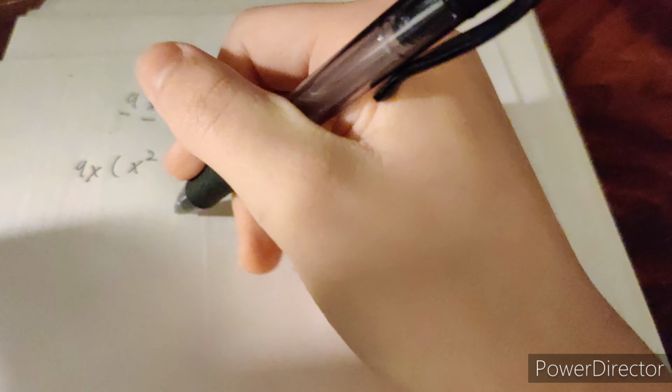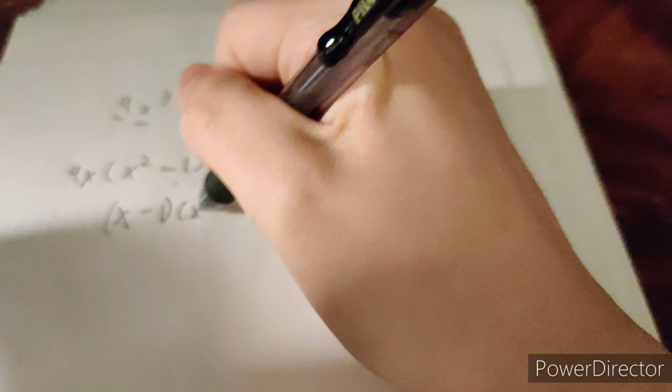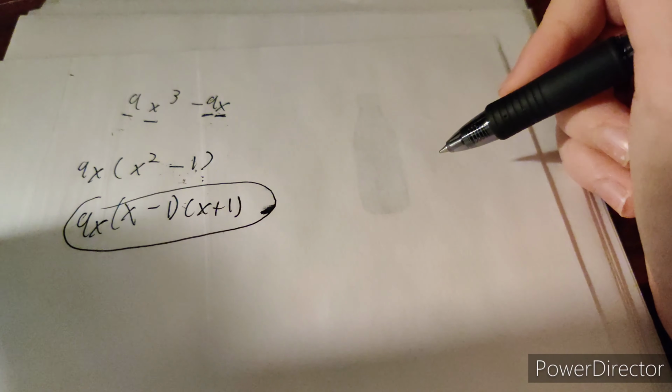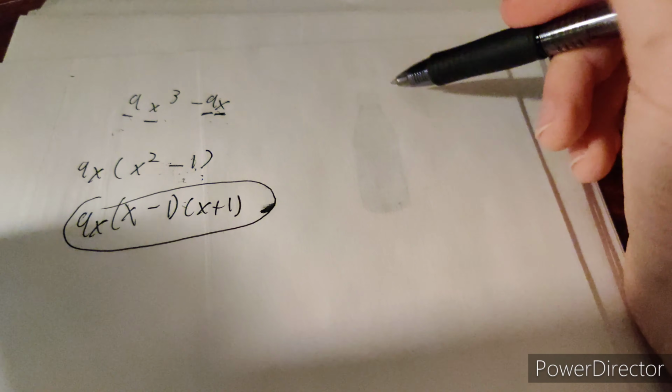So just so you know, because it's an x squared minus 1, we could use the trick, and you get x minus 1, x plus 1, times 9x. And that's how you factor 9x cubed minus 9x.